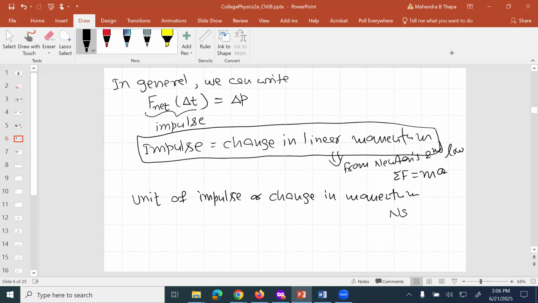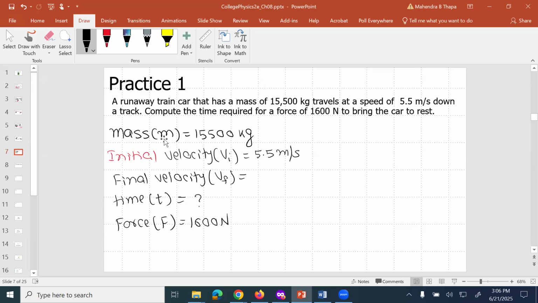So newton second or kilogram meter per second. Based on that, we can solve a problem here.